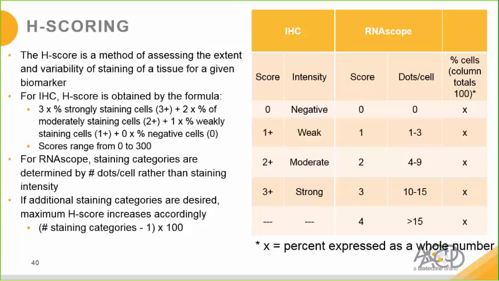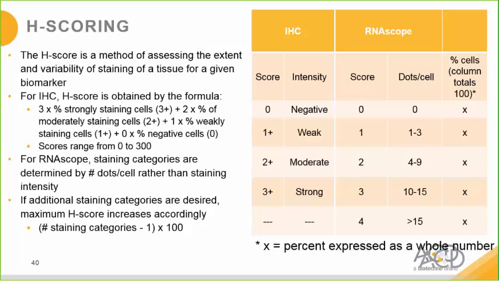So with the more common 4-category method of 0, 1, 2, 3, the H-score is calculated by the formula of 3 multiplied by the percentage of strongly stained cells, which are those with a score of 3, plus 2 multiplied by the percentage of moderately stained cells, which are those with a score of 2, plus 1 multiplied by the percentage of weakly stained cells, which are those with a score of 1, plus also technically 0 multiplied by the percentage of negative staining cells, although this portion will always be 0.